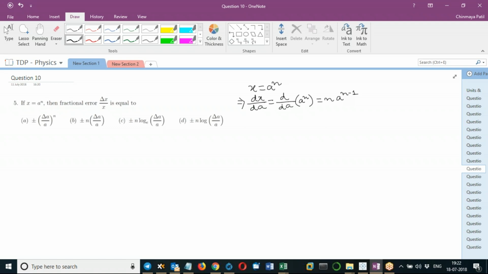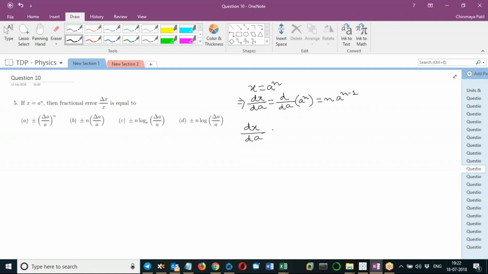Now let's come from the fundamental definition of differential calculus. How is that dx by da actually defined? That is called finding the differentiation using the first principle. What does dx by da represent?